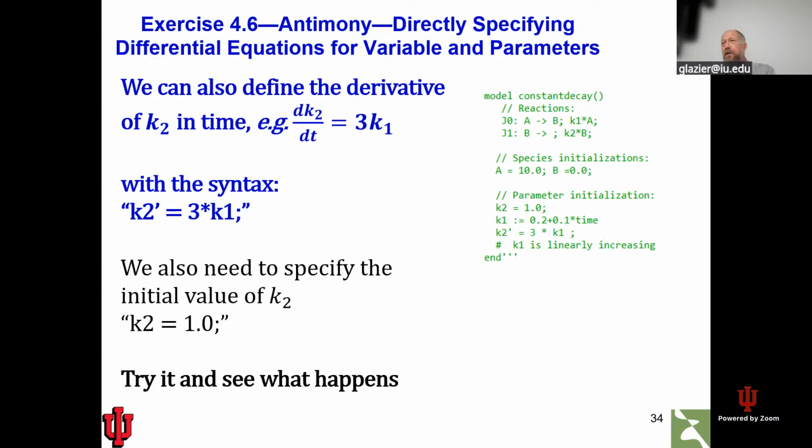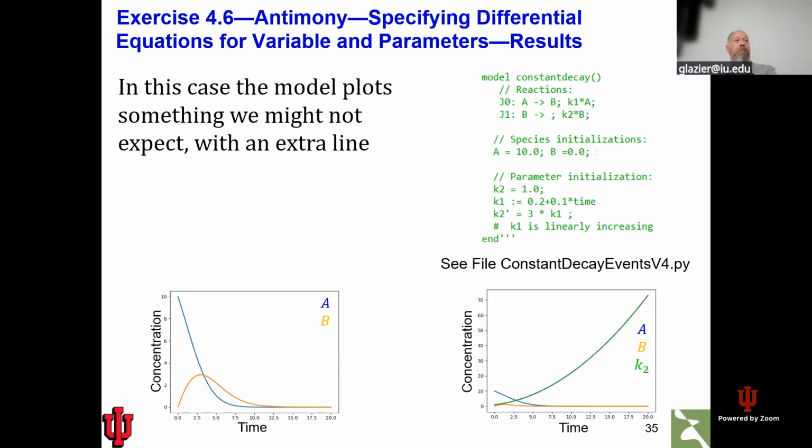So did that work? When you do the plot, is there something different about the plot? It plots K2 now. So r dot plot plots everything that is a variable. And when you declare K2 prime equals something, then K2 stops being a parameter from the point of view of Antimony and becomes a variable.